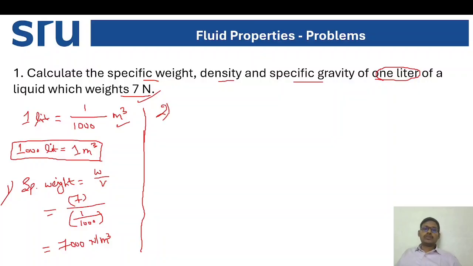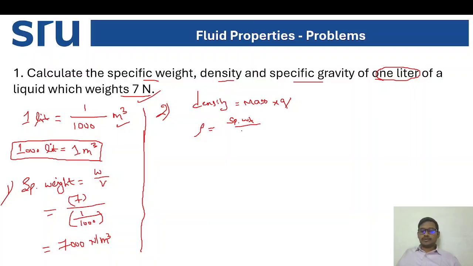Now second one we'll go with density. So density means already we have known this formula, density equal to mass into gravity. Agree? Already I have taught you. So density is nothing but rho. So already we have gone through the relation of specific weight.